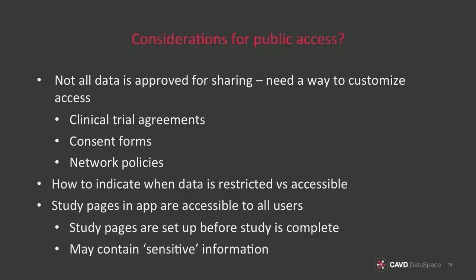So you have clinical trial agreements and consent forms that can dictate who can see certain data. And there are also network data sharing policies that can specify what data can be shared as well. So we needed a way to customize the access to the data by study. We also wanted to be able to indicate to the users when the data was restricted versus accessible to them.